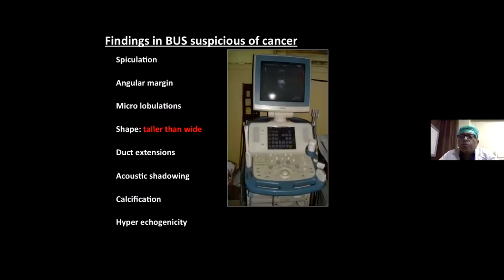In ultrasound, again, to brush up your knowledge, when you see a lesion which is taller than it is wide, and when you have a lesion with acoustic shadowing, with microcalcification and hypoechogenicity, you are looking at possibly a malignant lesion.